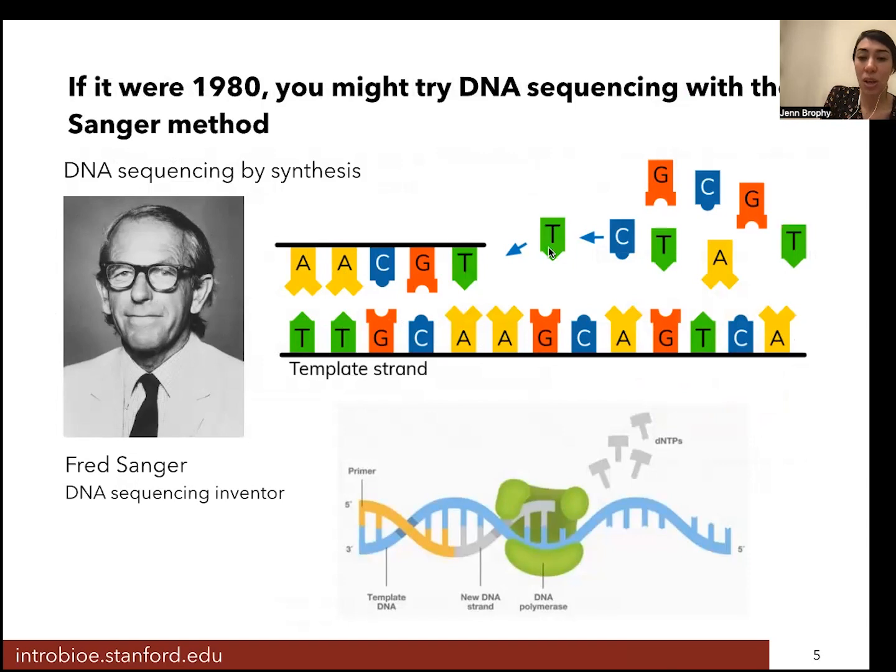And so you'll incorporate individual DNA bases to pair with the template strand. And so Sanger invented a method of observing what bases are getting incorporated as DNA synthesis is occurring. And by reading out which bases are getting incorporated, you would know the sequence of the template strand.